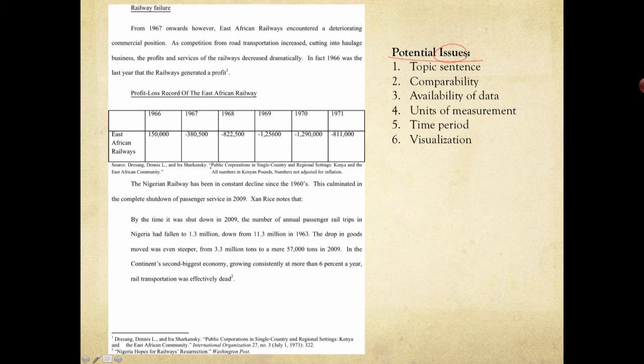First of all, right here, it really would have been helpful to start with a topic sentence that summarizes the overall finding. The topic sentence should read something like, there has been a gradual decline in the freight and passengers that railroads in East Africa and Kenya experienced over the period between roughly 1965 to the present.